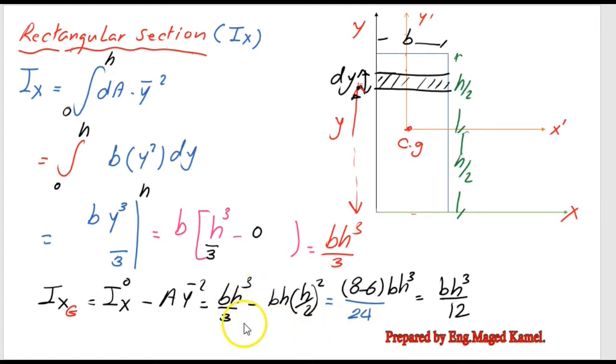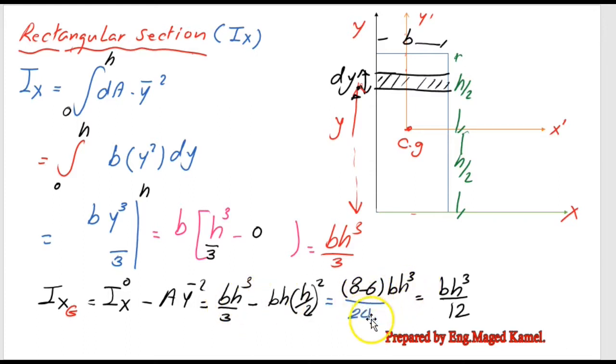bh cubed over 3, and this is minus bh cubed over 4. We are going to put the denominator as 24. So 24 over 3 equals 8, and 24 over 4 equals 6. So we have 8 minus 6 inside brackets, multiplied by bh cubed, all divided by 24.